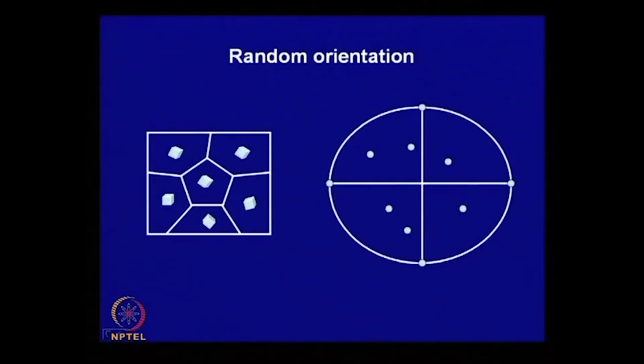So, that is why face centered cubic crystals are most ductile, and when this polycrystalline material deforms, you do not expect any discontinuity forming along the grain boundary. That means, you do not want any cavity or any crack to nucleate at the grain boundary. How can this happen? Now, let us see, this is a pictorial representation of random orientation.